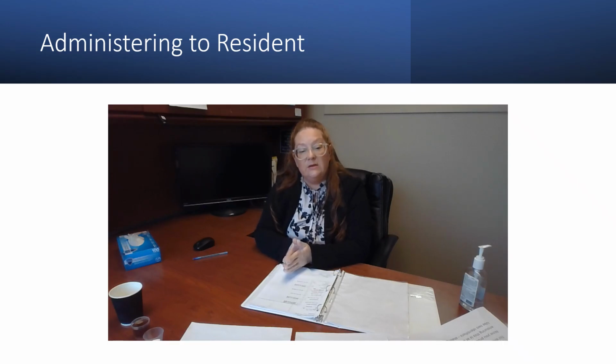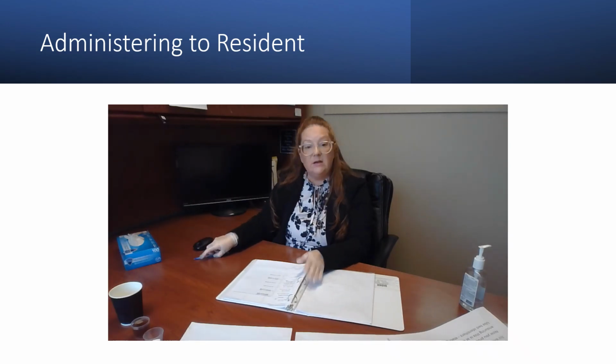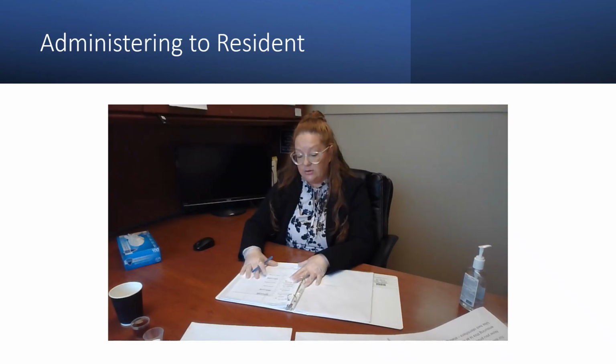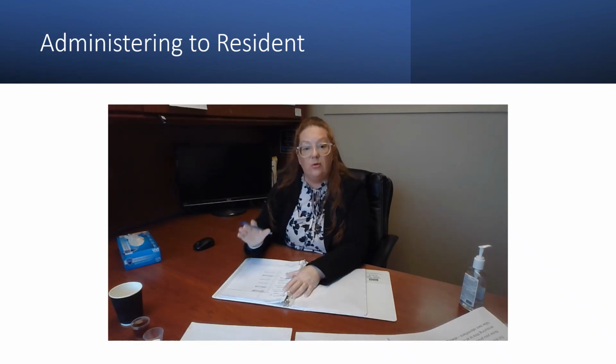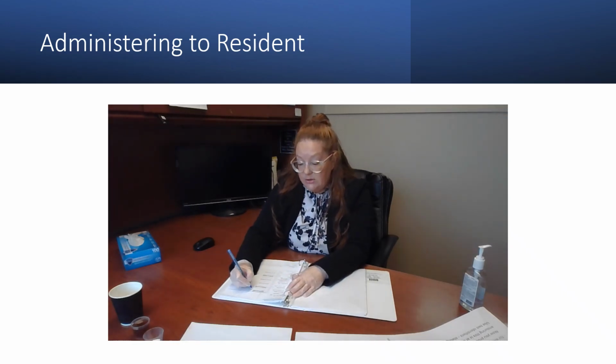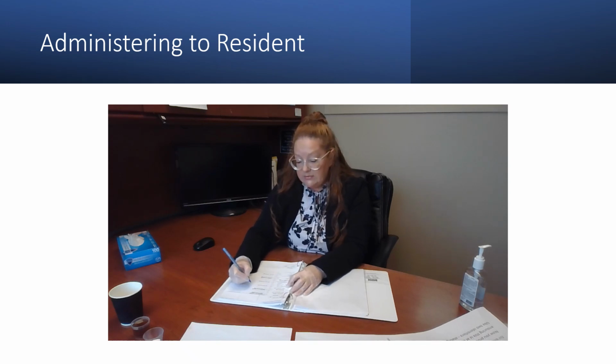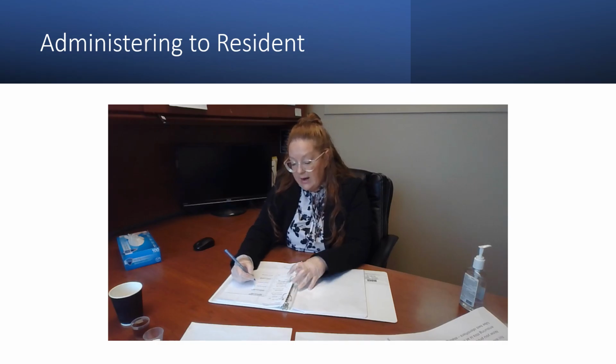Now you're ready to proceed to your documentation of your MARS. You go back to your med binder and you go through your meds, and you sign for your metformin, 2 tabs, which you know you have prepared for your resident. You sign for the diazepam 5 milligrams you just administered, risperidone 1 milligram.